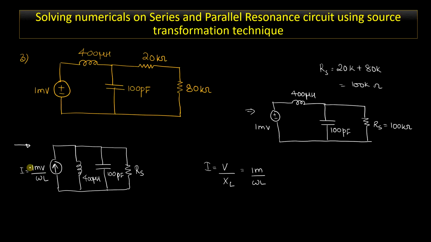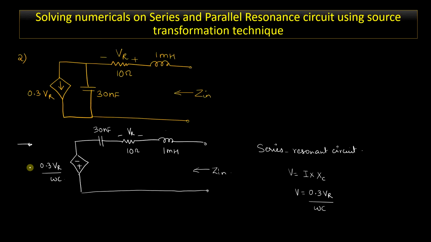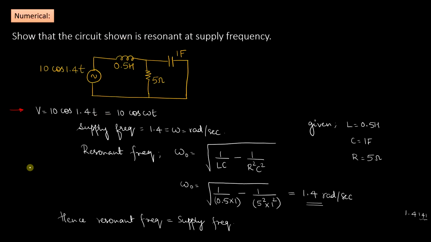So remember, any circuit, okay, because we have seen practical cases, right? But when you solve numericals, each time you cannot derive those derivations. Like the way it was asked here, they have said to show that the circuit is resonant at the supply frequency. So basically what you need to do is derive the expression for resonant frequency, and then compute the value.